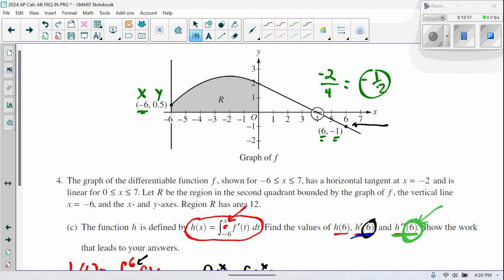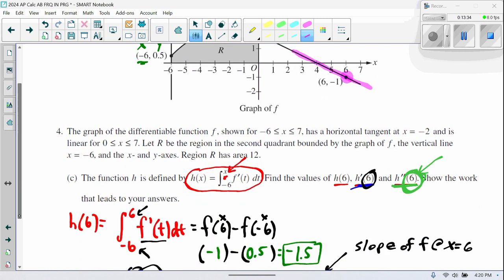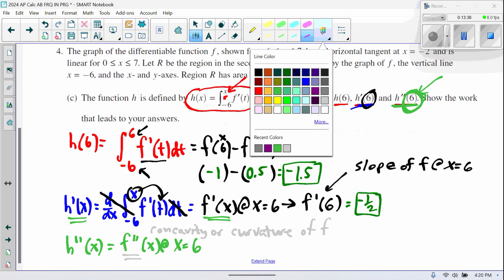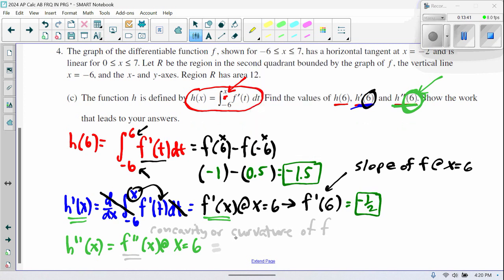Right here. There is no curvature. This is a constant slope. It does not curve. That's why my answer is going to be 0.